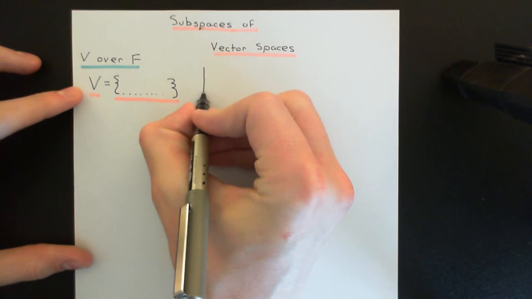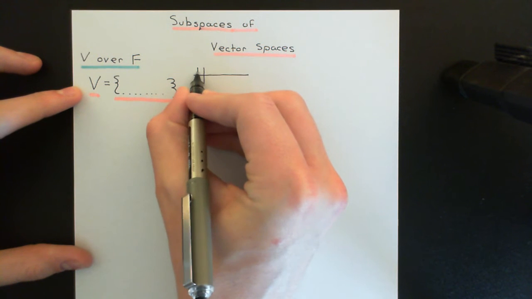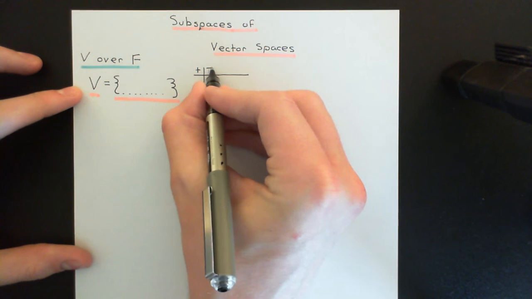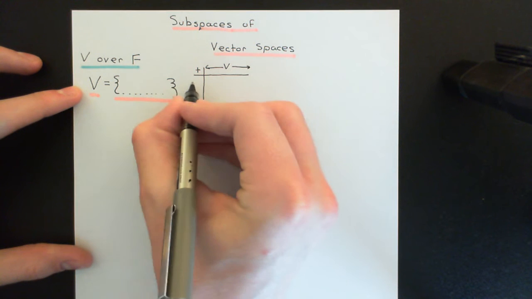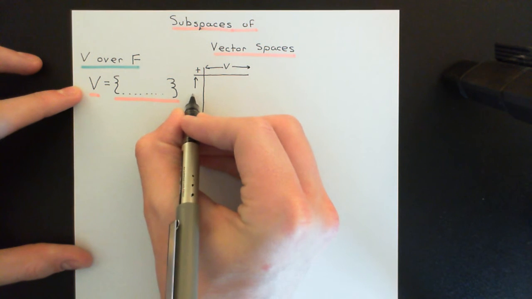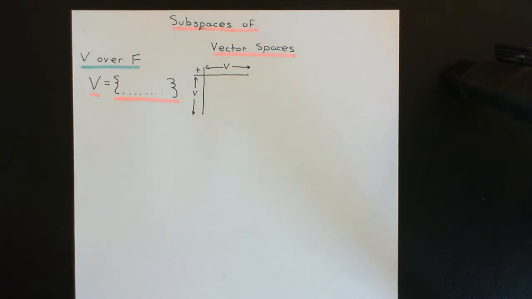Okay, so I'll draw these out here. So here, this can represent our addition composition law, and what we will have is all elements of the vector space given a column in this composition table, and we'll have all elements of the vector space given a row in this composition table.